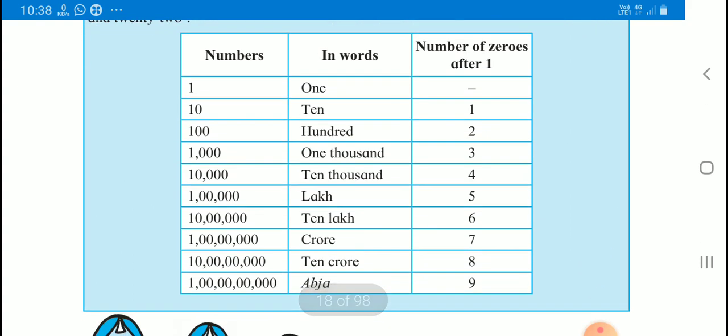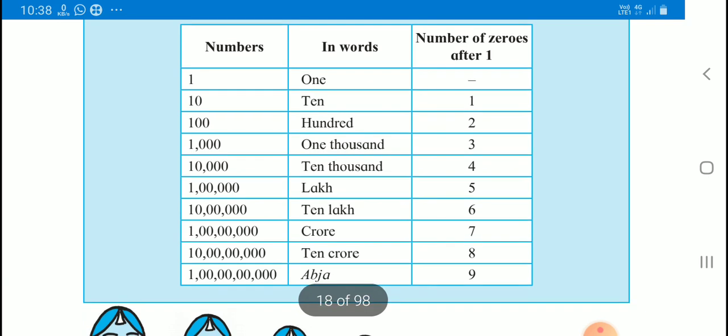Now they have given one table here. 3 columns are there in that table: numbers, numbers in words, and number of 0s after 1. If we consider 1, then 1 is alone. In words we write ONE. There are no zeros at all. Next 10, in words TEN.